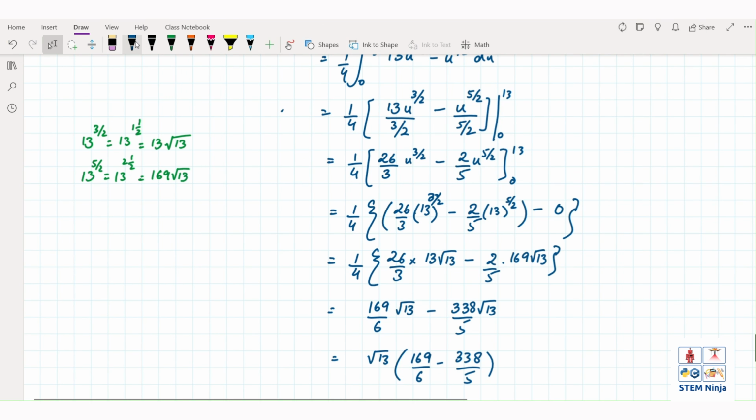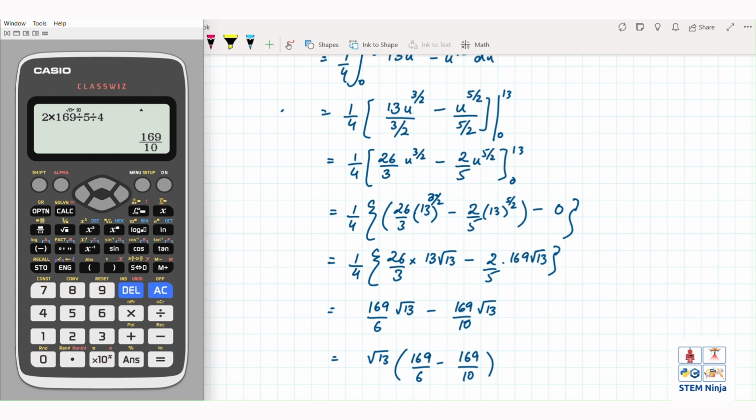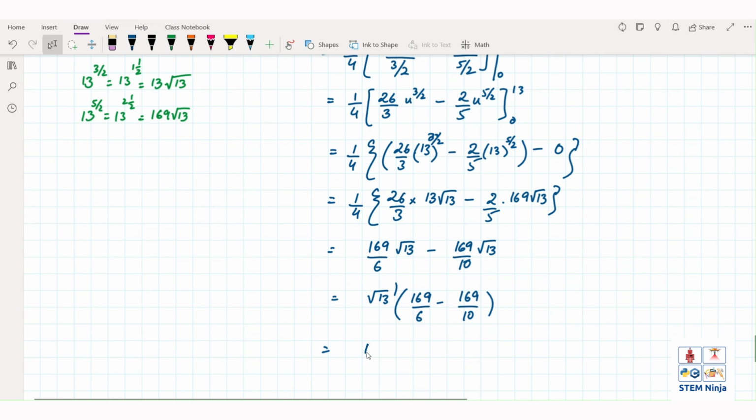Sorry, my bad. So 169 divided by 6 minus 169 divided by 10 is 169 over 15. So 169 over 15 root 13 is your final area.